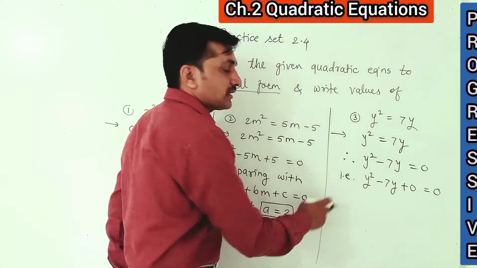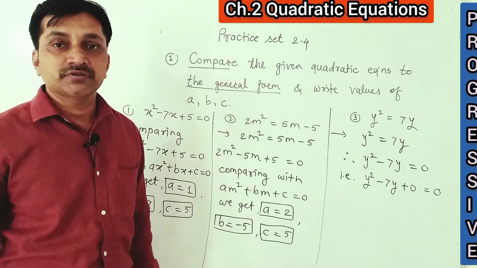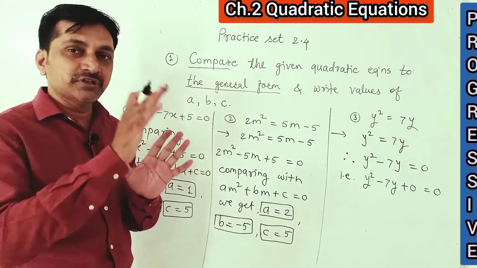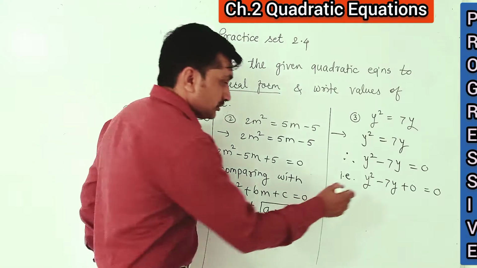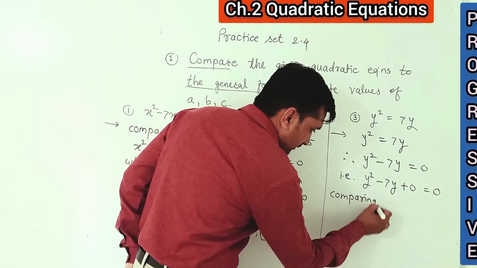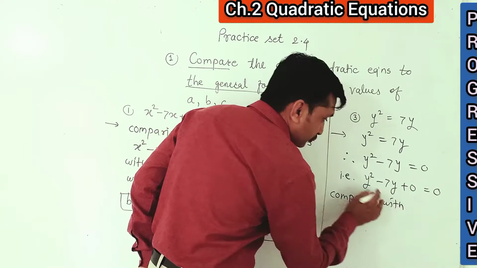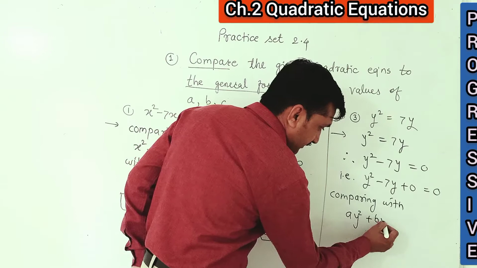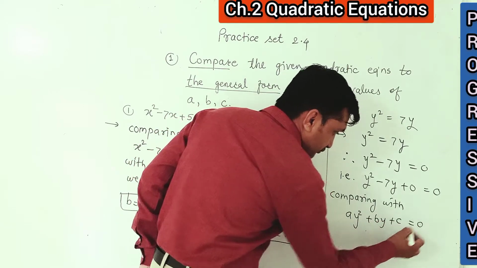Now here it is a trinomial. See, if any term is missing except the first, then you put their coefficient 0. Now compare this. What is the standard form in terms of y? Ay square plus by plus c is equal to 0.